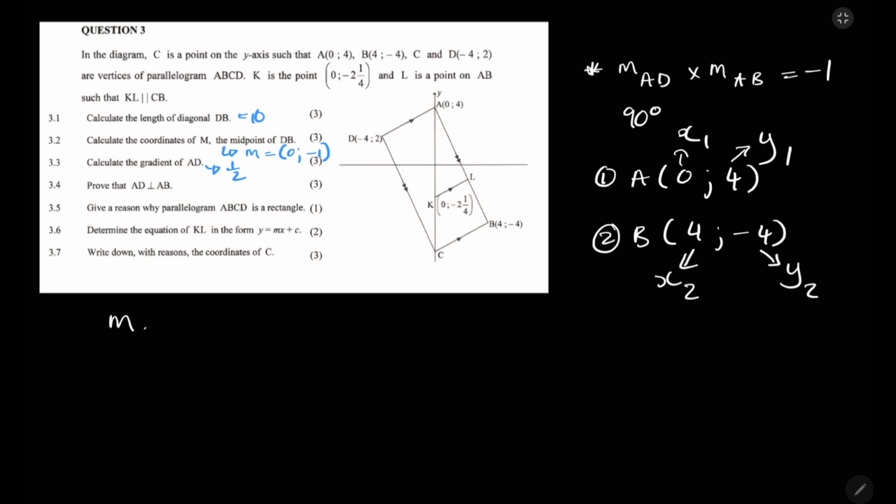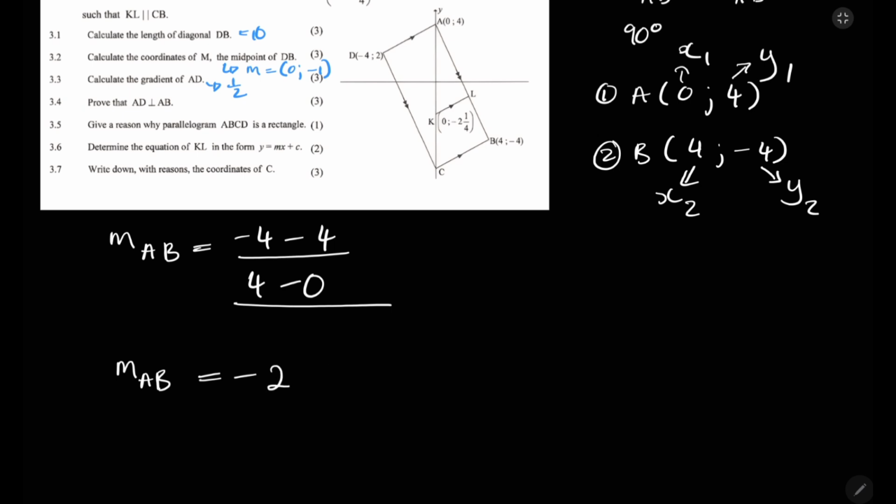The gradient of AB is equal to Y2, which is -4, minus Y1, which is 4, over X2, which is 4, minus X1, which is 0. Now when you punch this in a calculator, your answer should be: gradient of AB is -2.